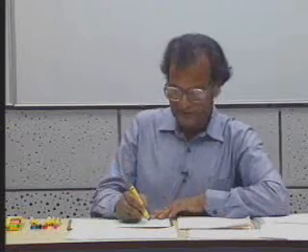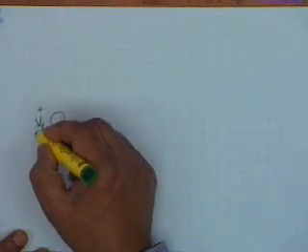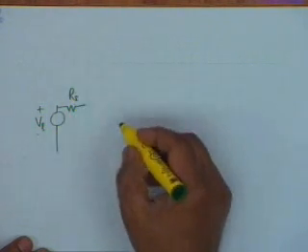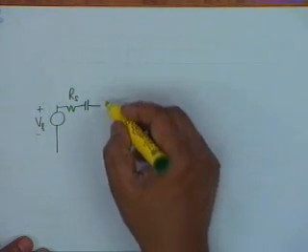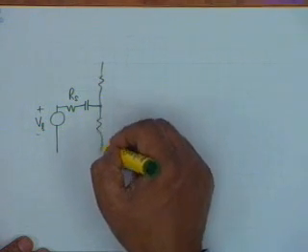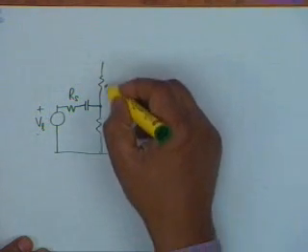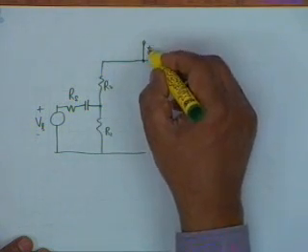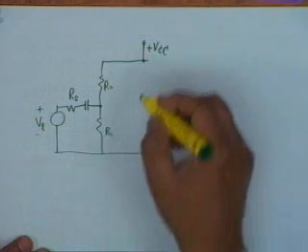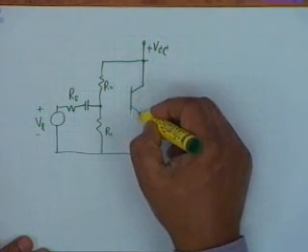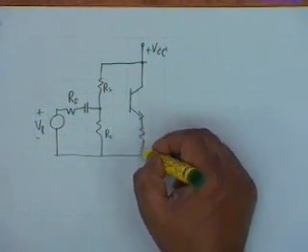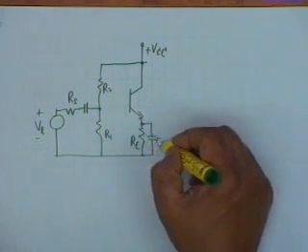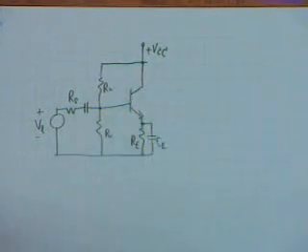Let's consider a two-stage amplifier. Please try to draw with me. A two-stage amplifier, I will draw the complete circuit. RS, then you have a coupling capacitor, biasing resistances R1 and R2, plus VCC, then the transistor, there is an RE and C sub E, this connects to the base.